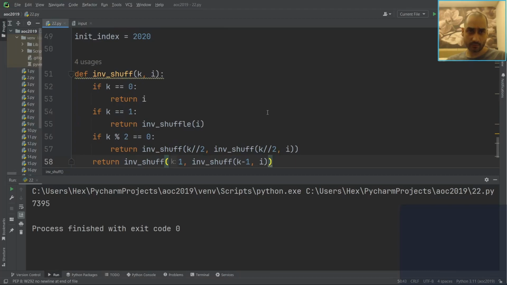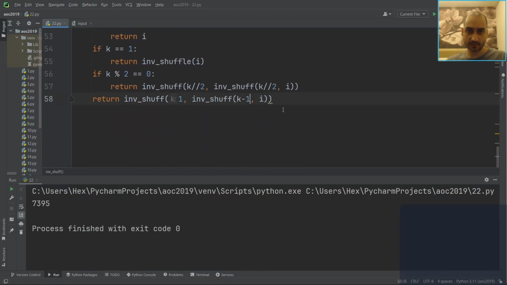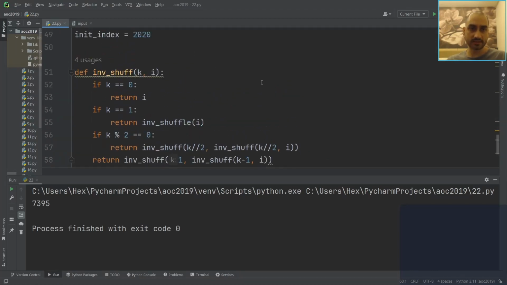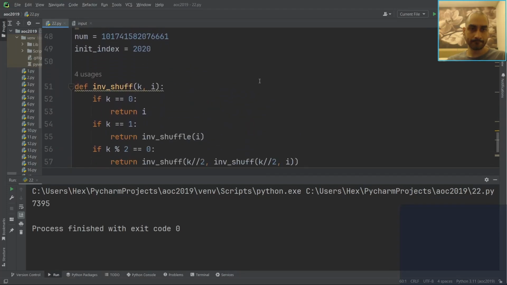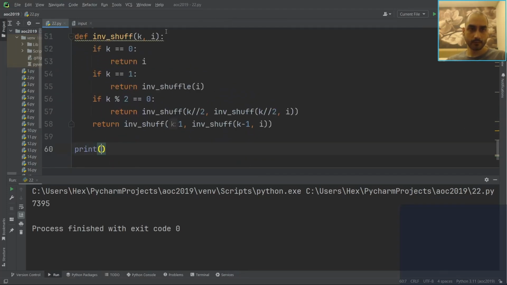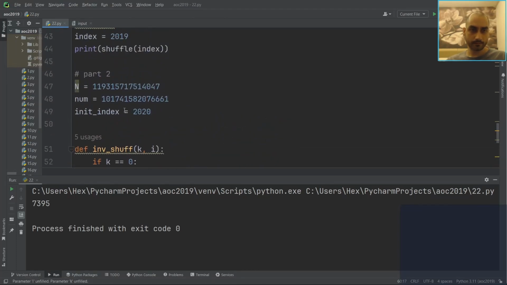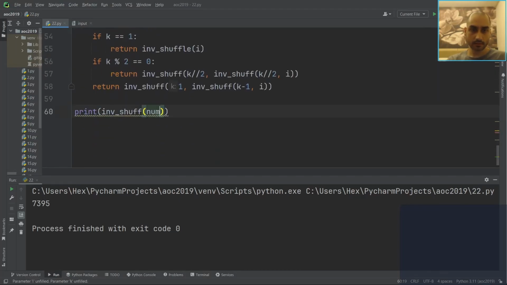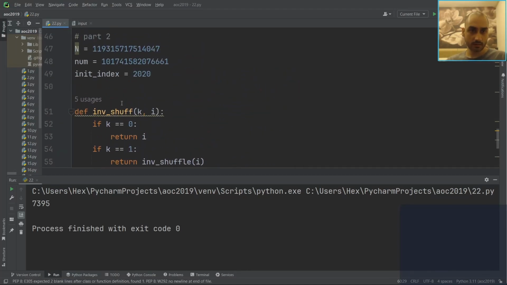Okay, let's try it without memorization. Let's just see if it actually does anything. So the ultimate answer is inverse shuffle that many times, I'll give an index. Well, this.